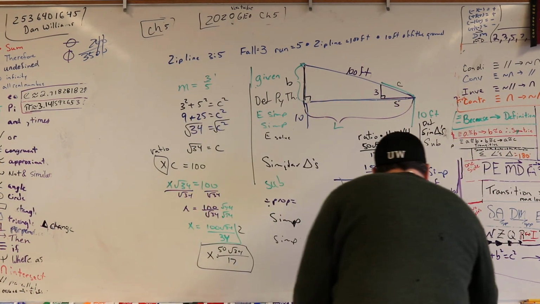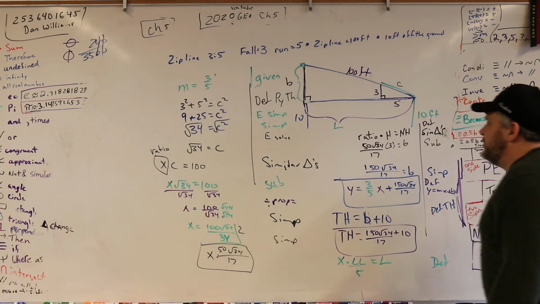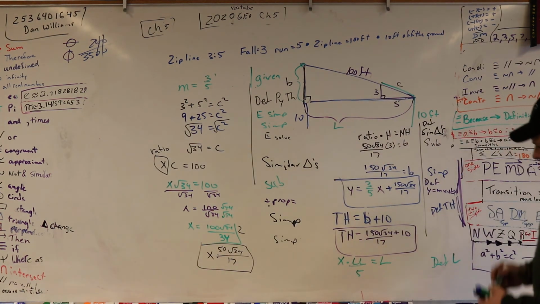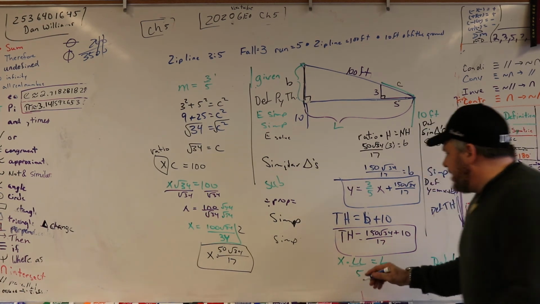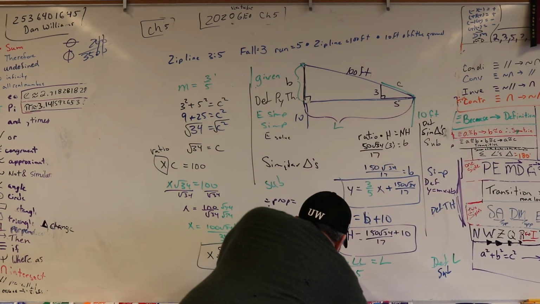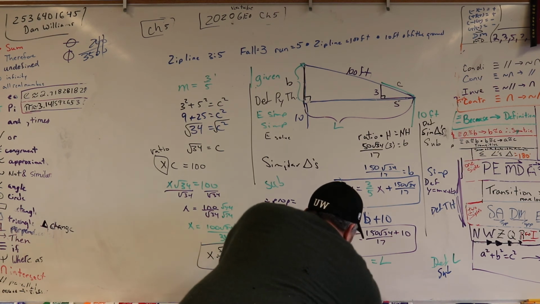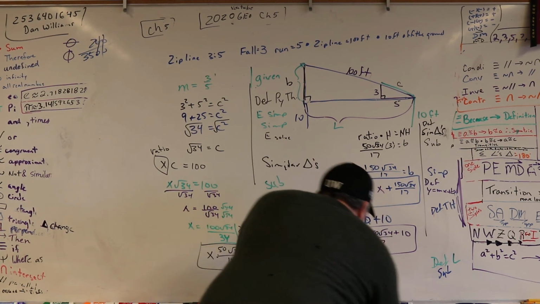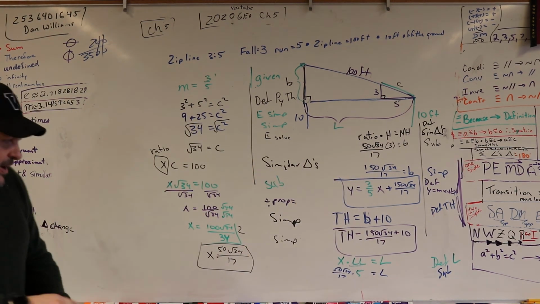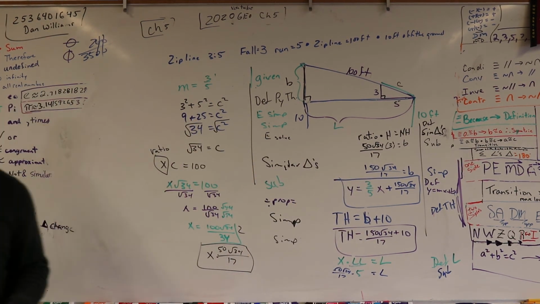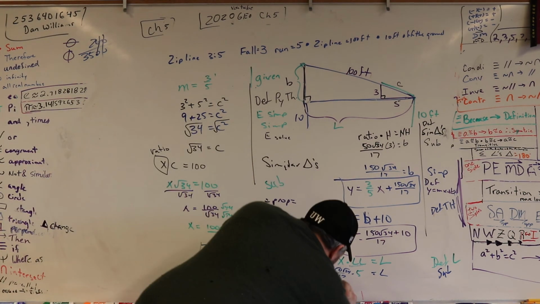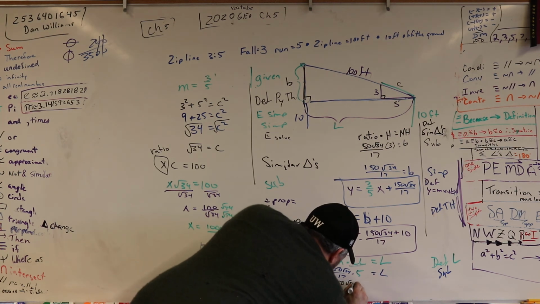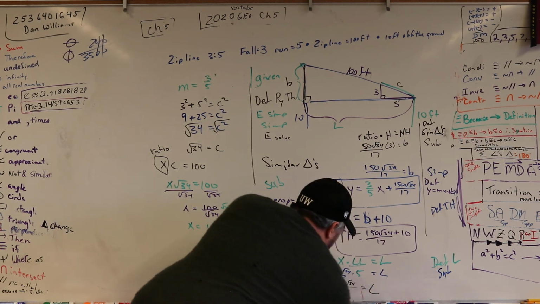Right? So that's the definition of L, and substitution. 5, and what's X? X is 50 square root 34 over 17 times 5. What's 5 times 50? 5 50s. Come on, 5 50s. 250. Good job. All right. 250 square root 34 over 17 equals L.